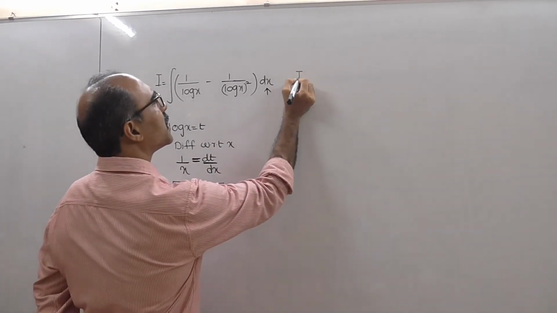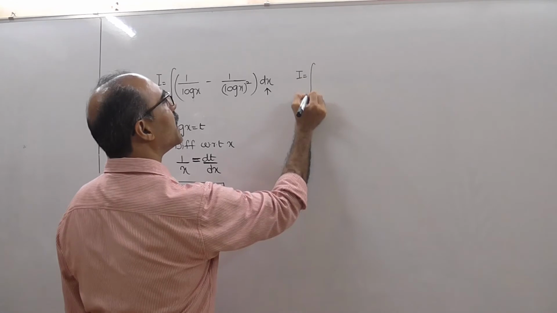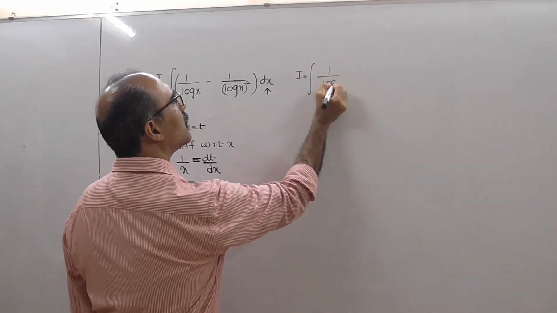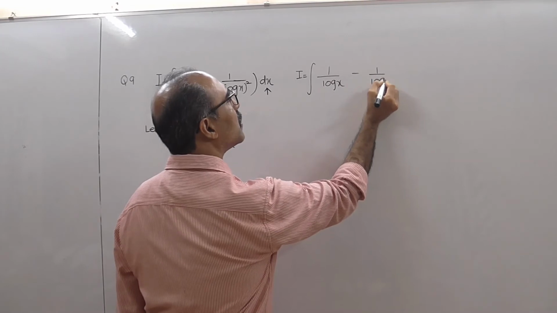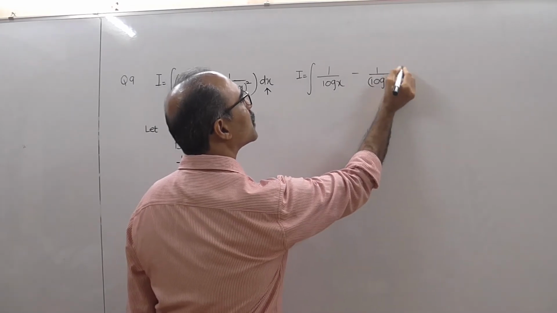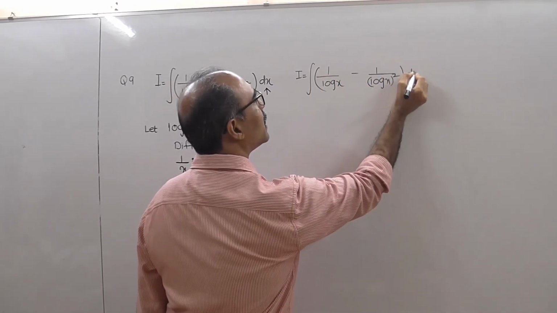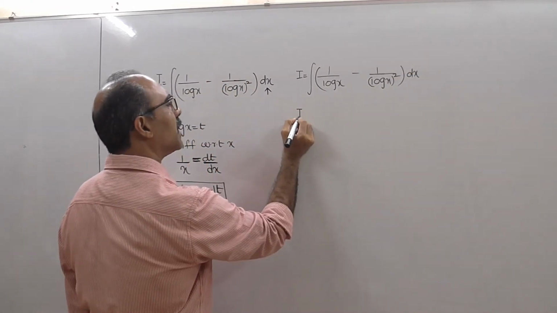So my question is again I equal to integration of (1 upon log x minus 1 upon (log x) the whole square) dx.